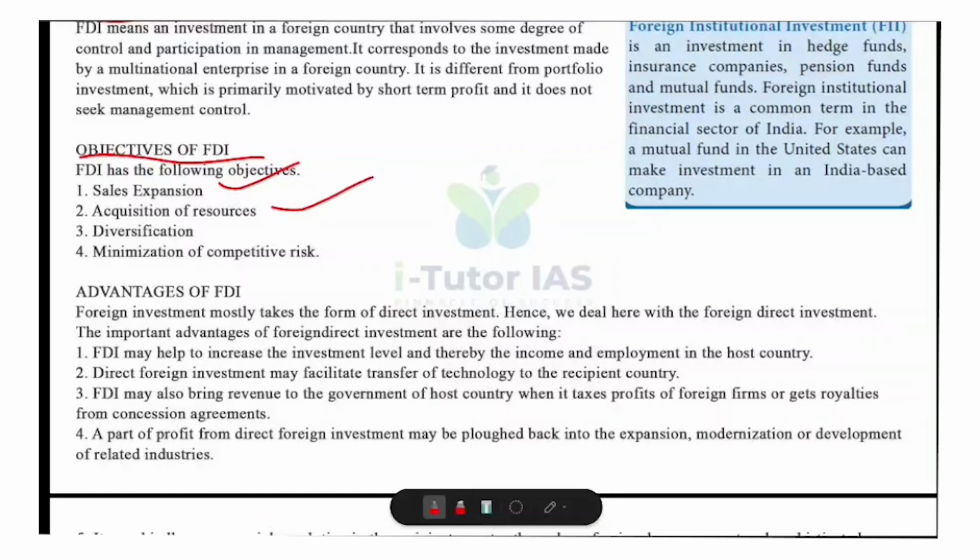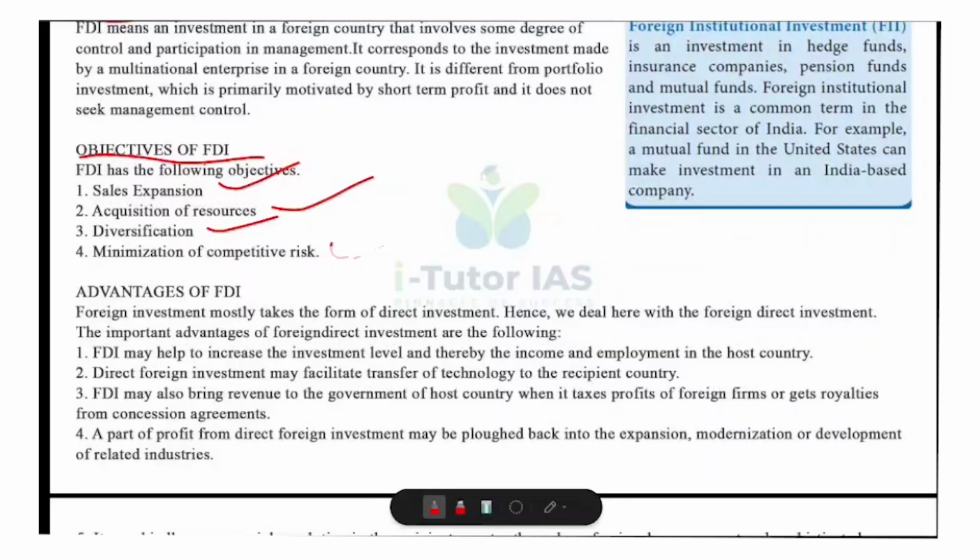Second one, acquisition of resources. FDI allows companies to secure important resources such as raw materials, skilled labor, technology or natural resources. For example, a mining company investing in Australia to access iron ore. Third one, diversification. Companies invest abroad to spread business risk across different markets. For example, a company operating in both Europe and Asia can balance losses in one region with profit from another.